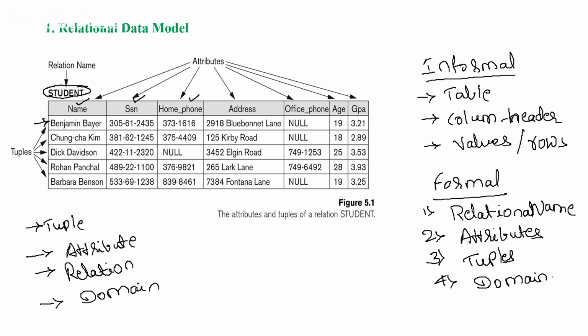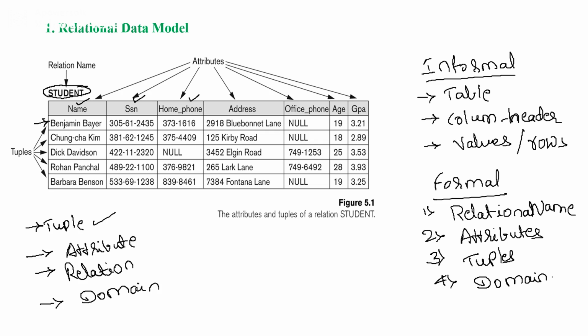Now the definition of tuple. A tuple is nothing but a row in a relation. For example, here Benjamin Bayer has an SSN number, home phone number, and address, while the office phone number does not exist, which is represented by a null value.